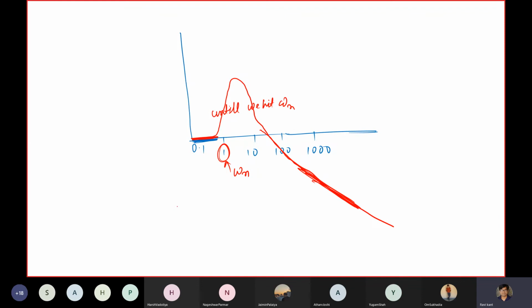This is for some ζ. If ζ keeps on increasing, you will have a decreasing trend. So this trend shows that this way ζ is increasing.